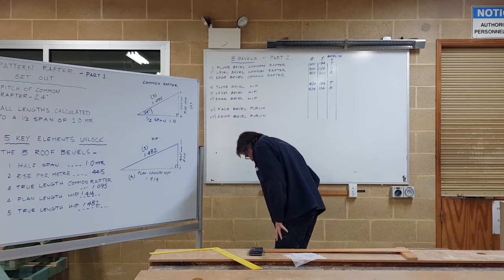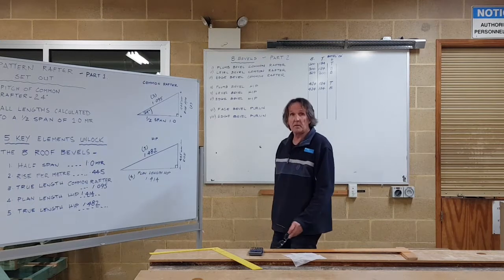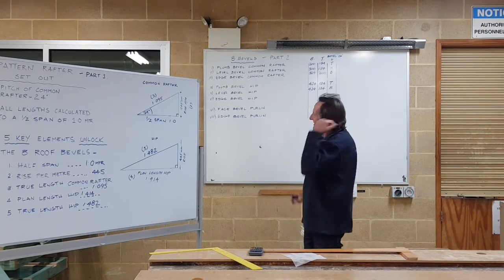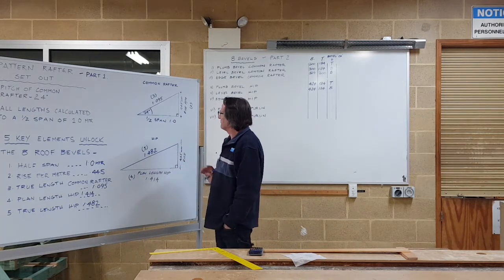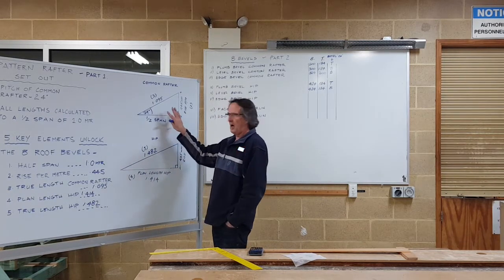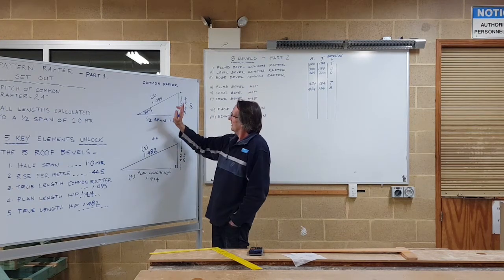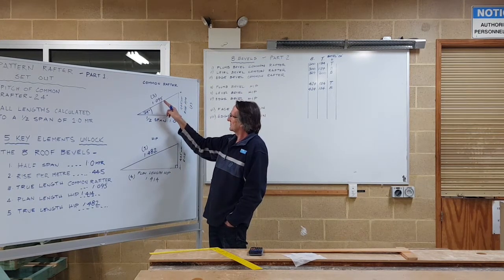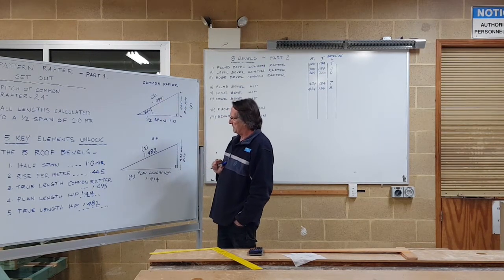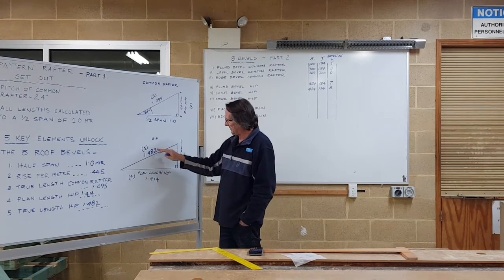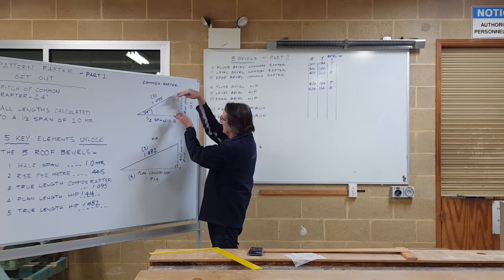For the edge bevel hip, it needs a bit of a sweep. Edge bevel hip: the two components for edge bevel hip, just like the two components for edge bevel common rafter, which were true length common rafter and half span, are true length hip and plan length hip, the two same component relationships.